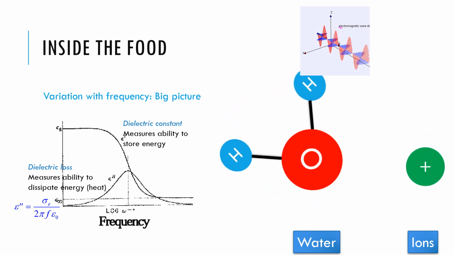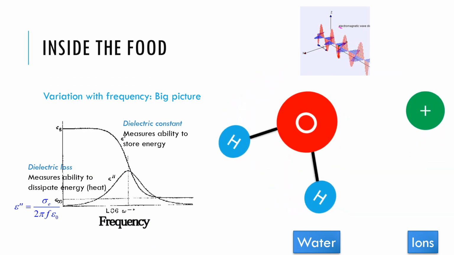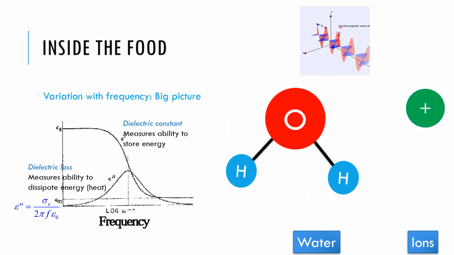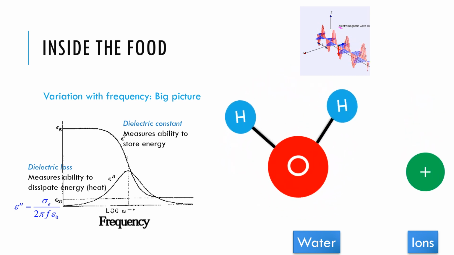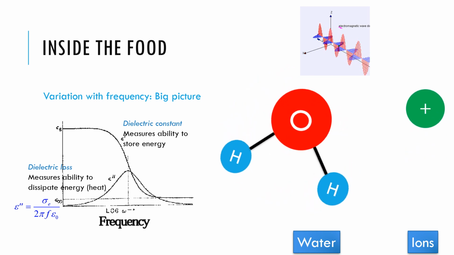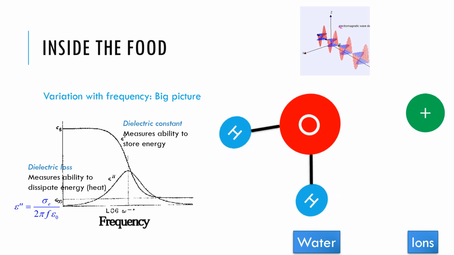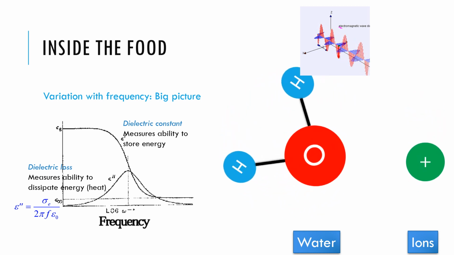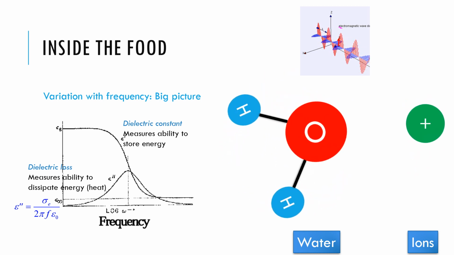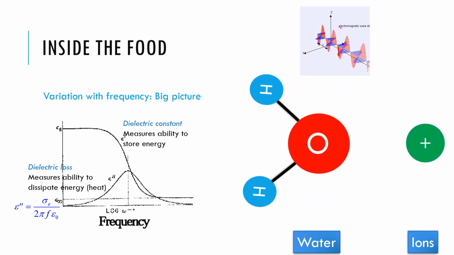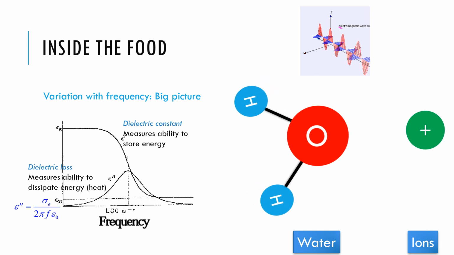As discussed earlier in the series, water molecules and ions in food try to align with the field that keeps changing directions. Since it's a wave, the microwaves are changing directions. The electric field is changing directions, making the water molecules and the ions move.